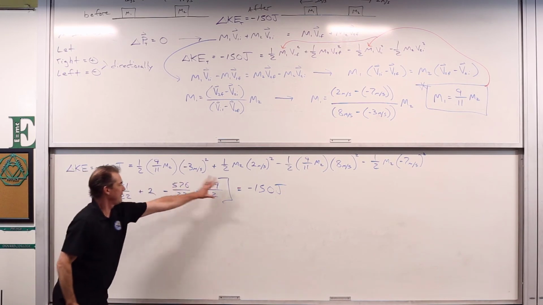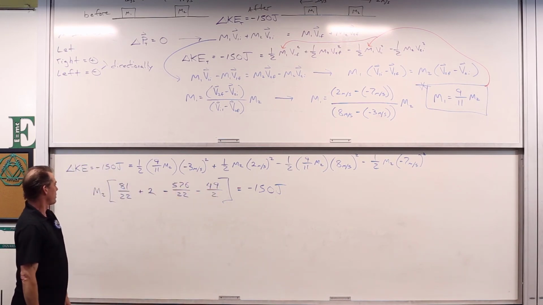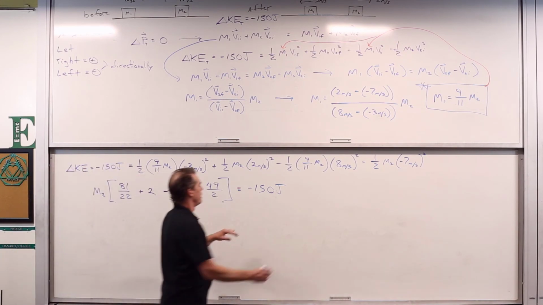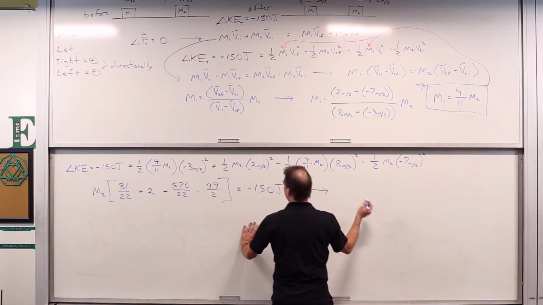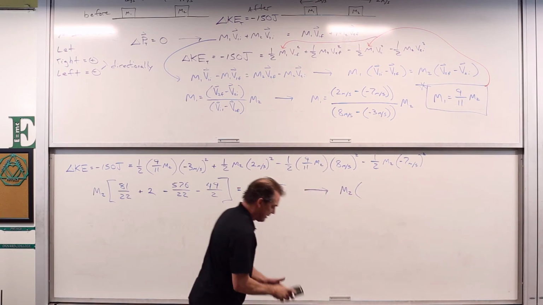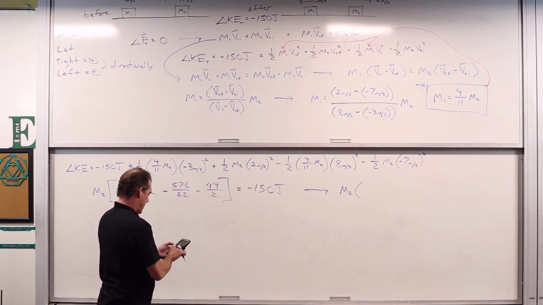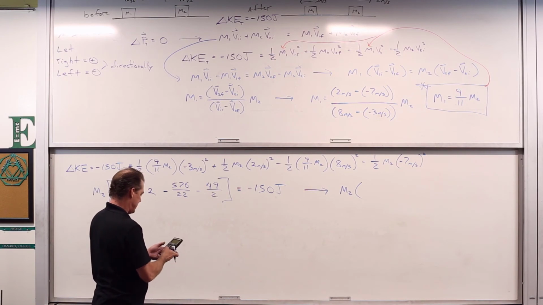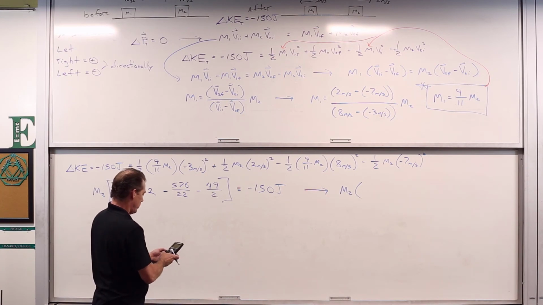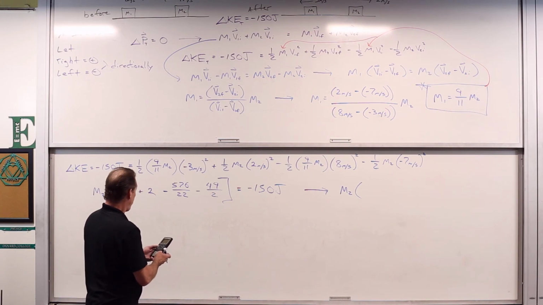Well, that's just a number there. Shall we just go ahead and quantify that out? Sure, let's just go ahead and do that. So we've got this is m2 multiplied by 81 22nds plus 2 minus 576 22nds minus 49 halves, negative 45.